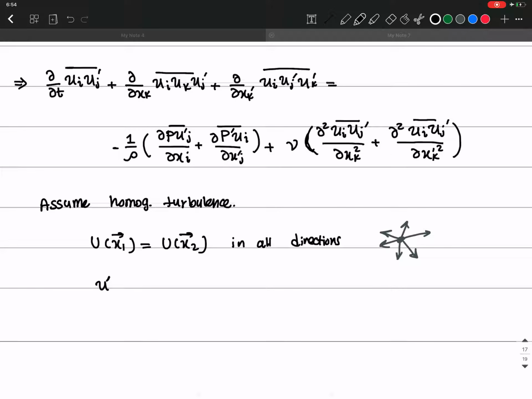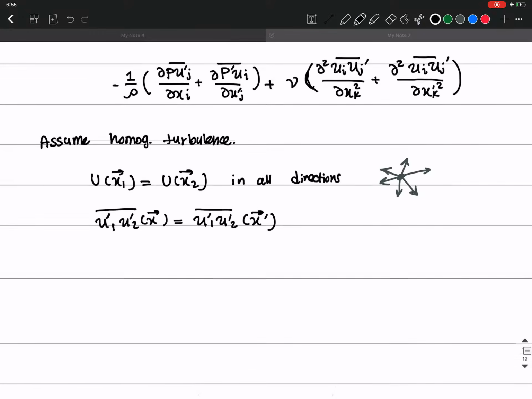And then also the other higher order moments like u1' u2' bar at x equals u1' u2' bar at x', right? In all directions, the averages of these moments are equal to each other. This is going to further simplify our equations.